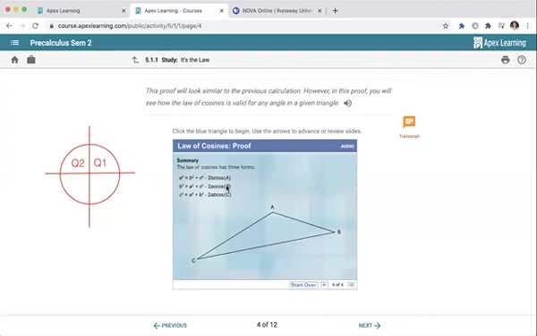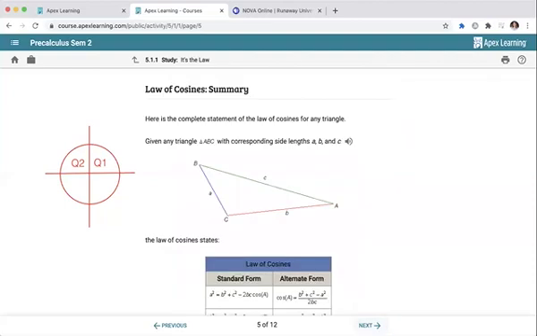Obviously that pattern holds true if we're looking for C squared: you've got A and B squared added together minus 2 times AB cosine of C. So those are 3 forms of the same equation. I think they're pretty easy to understand how you get there. You don't have to memorize them, but just realize that there is a pattern to it.